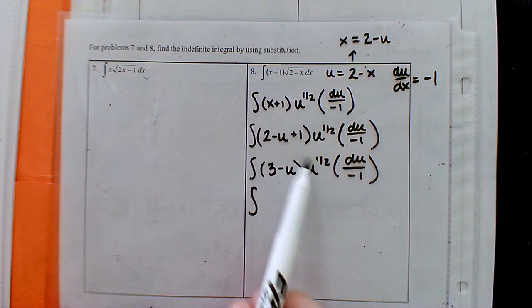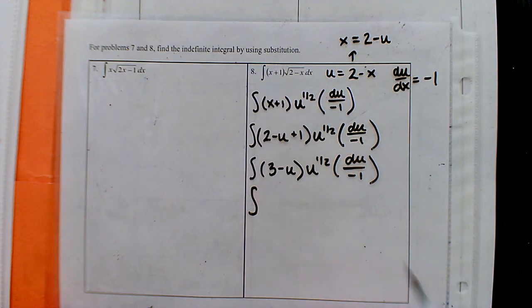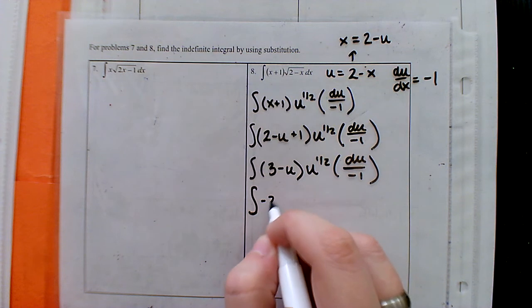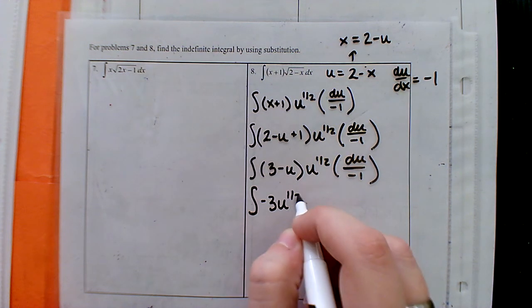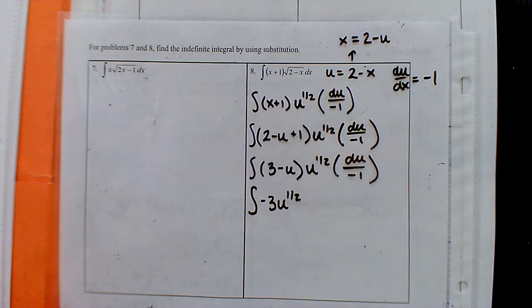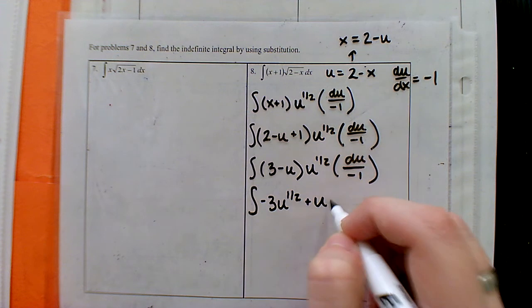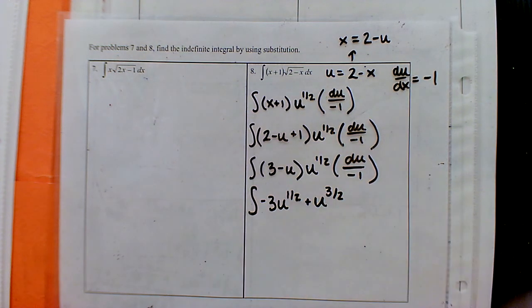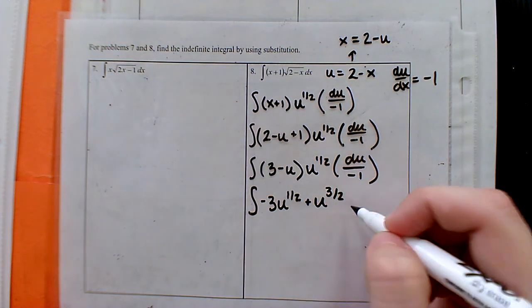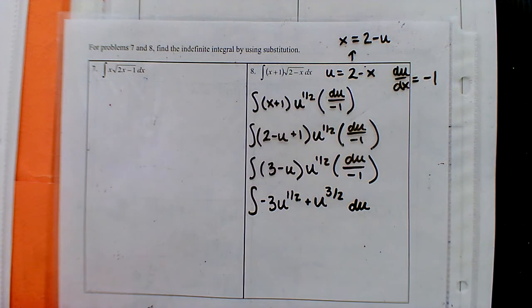So we've got to distribute in the u to the 1/2, but also the -1 that's in the denominator. So this would be -3 u to the 1/2, and then plus u to the 3/2 power. And we're just left with the du on the end.